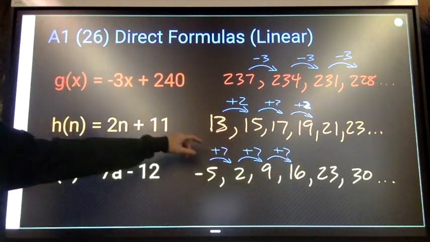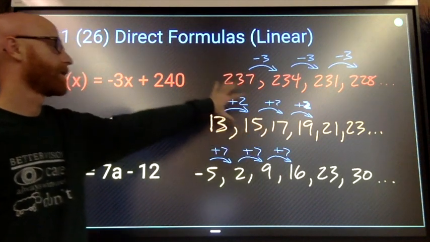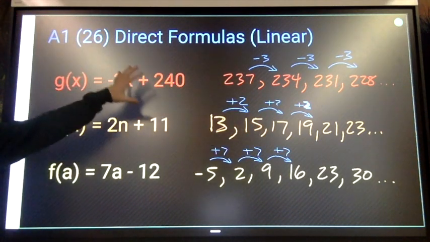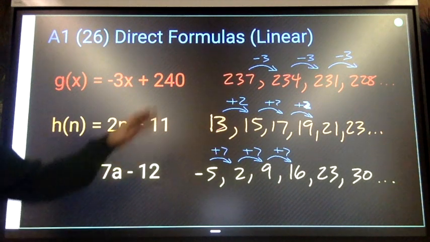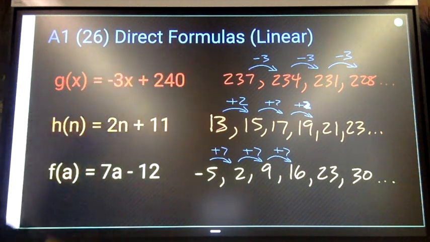Now, I want you to take a look at those blue numbers. Look at the original rules that generate the sequence and see if you can figure out where the connection is between the blue numbers and something in the original sequence. All right, so hit pause, see if you can come up with that connection.